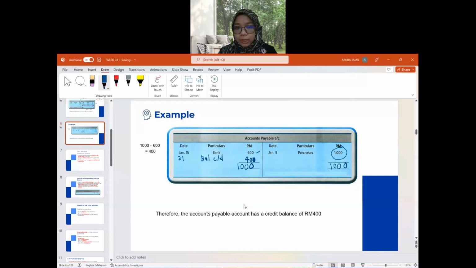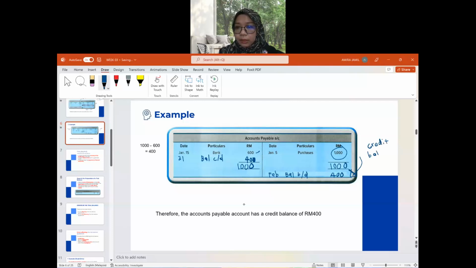In the next month, February, we will have balance BD here. The balance brought down is 400. It has a credit balance.